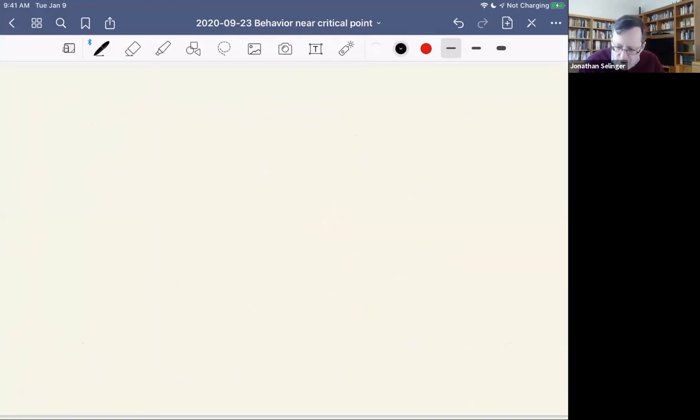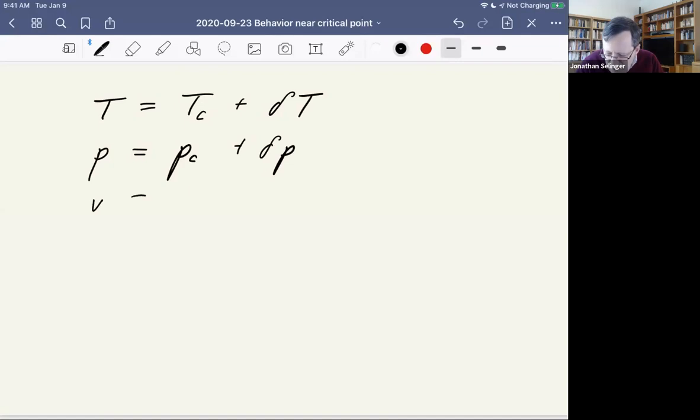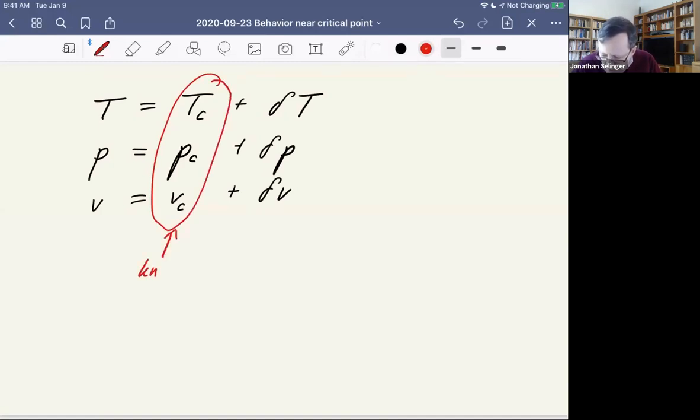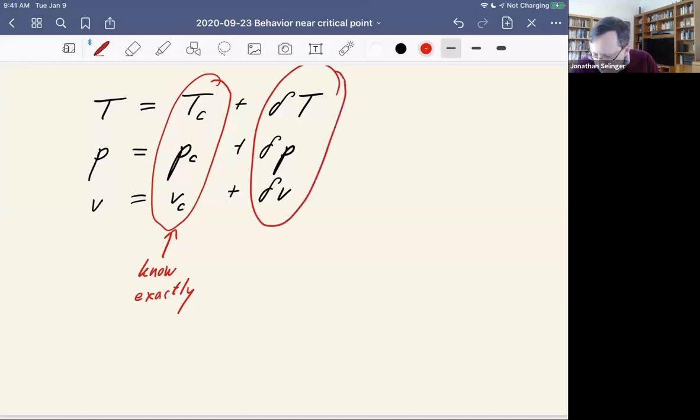So close to the critical point, we will say T is Tc plus delta T, and P is Pc plus delta P, and V is Vc plus delta V. Now, Tc, Pc and Vc we know exactly, and the delta quantities we assume are small when we're close to the critical point.